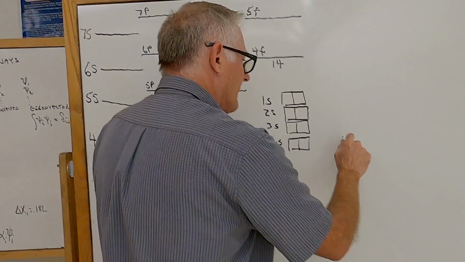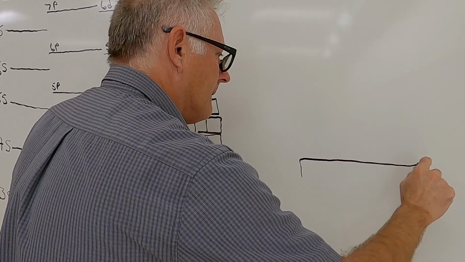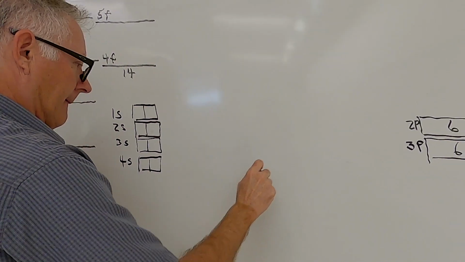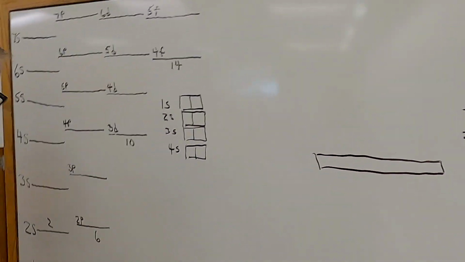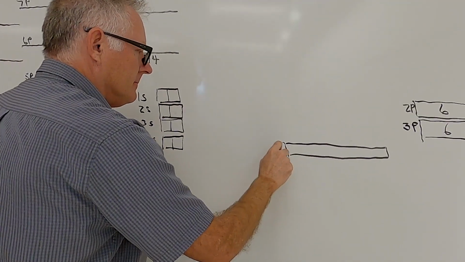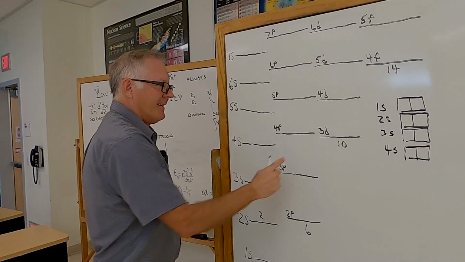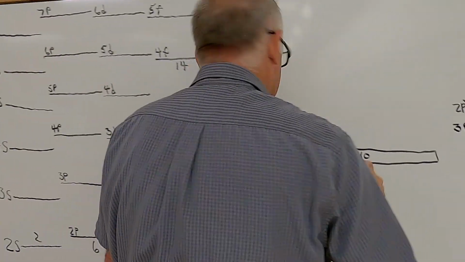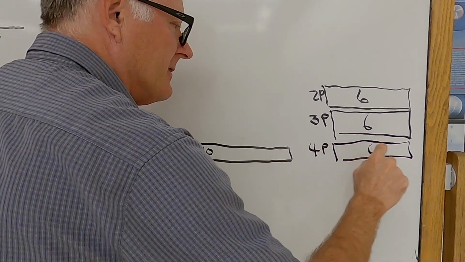So that's the 3d state, and there are 10 of them over here. Then you go to the 4p state, which there are 6. So that would be over here. 4p, and there are 6 of them there.